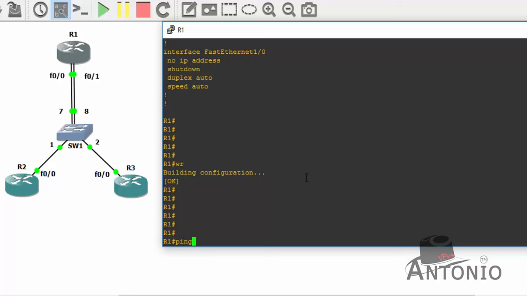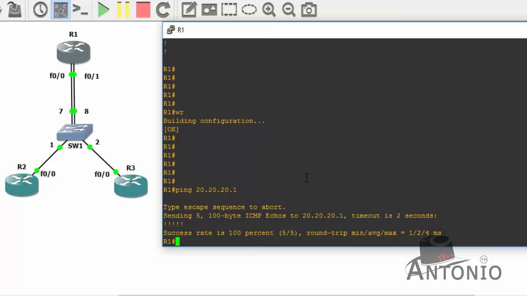Let's do the verification. Ping that 10, that 10. Oops, I'm gonna ping my VLAN 20 first. Gateway, of course, it will reply because it is directly connected. Next, we have 10.10.10.2 for our VLAN 10 IP address.